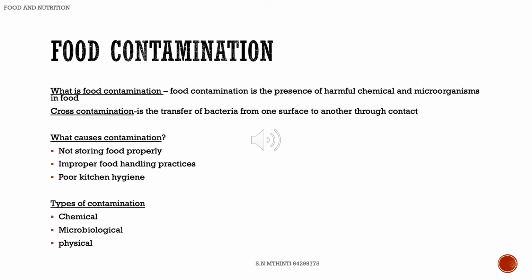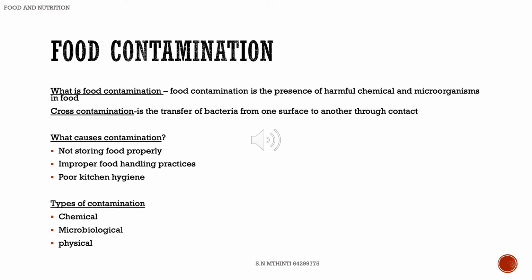There are three different types of contamination. There is chemical contamination, which could be soap, could be bleach, and again, as I mentioned above, could be the chemicals that they use inside of cans that become toxic once opened. Microbiological contamination.